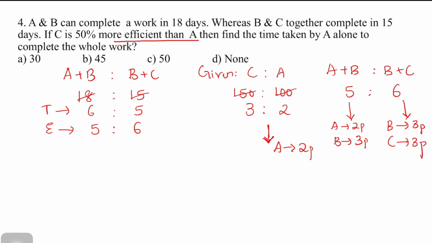Therefore I can establish the ratio of A to B to C efficiency. A's efficiency is 2, B is 3 and C is 3. Now from this, what all do we know?